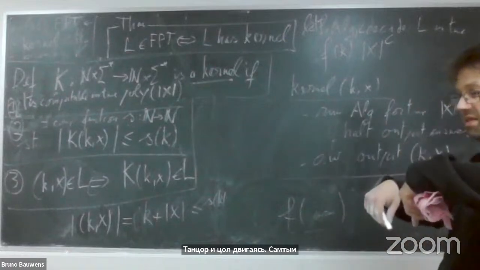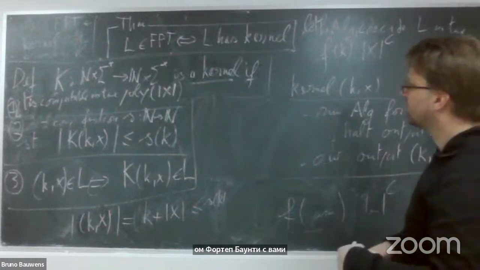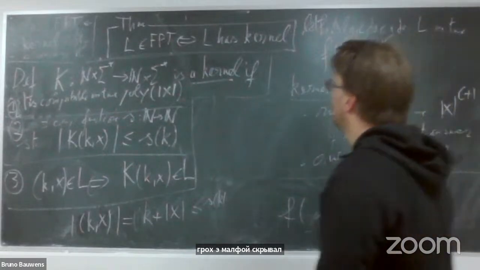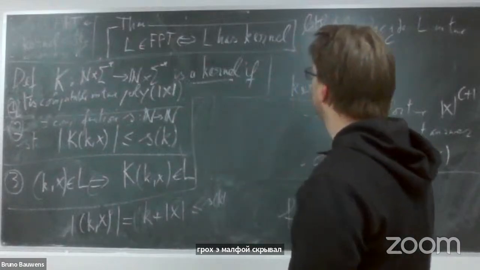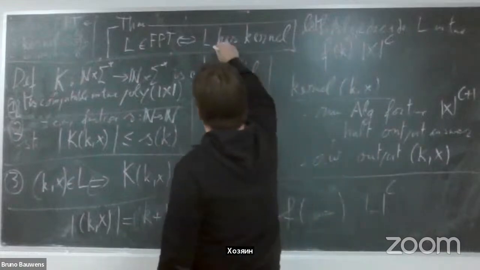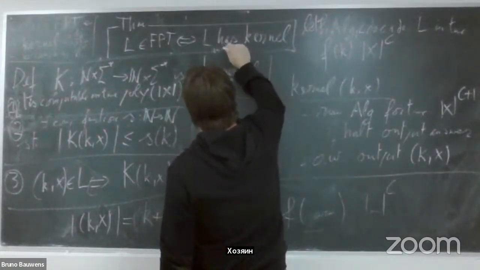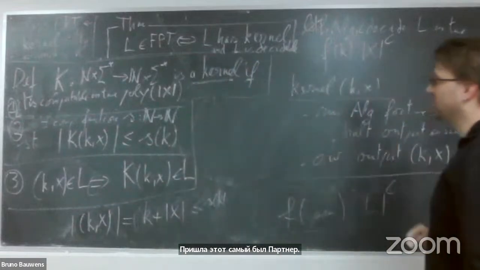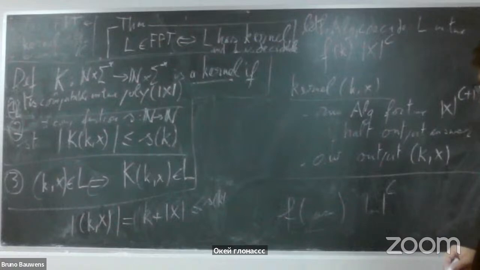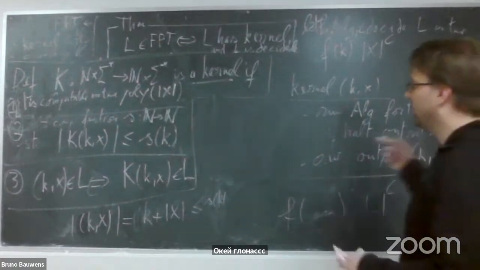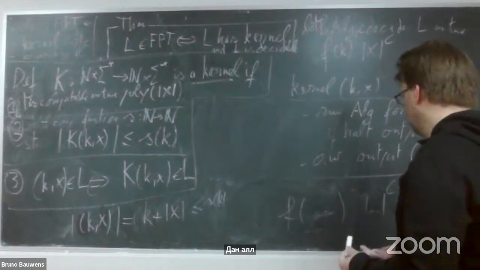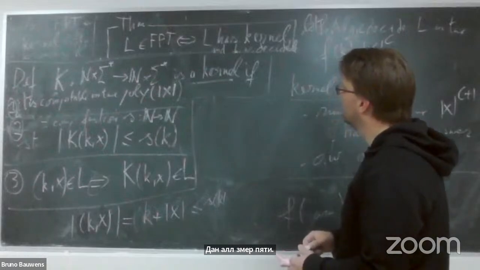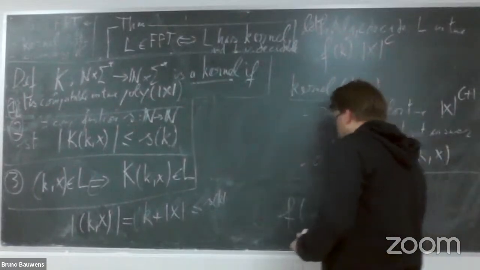So when we combine both procedures, if L is decidable and L has a kernel, then L is FPT. Okay, I messed up.